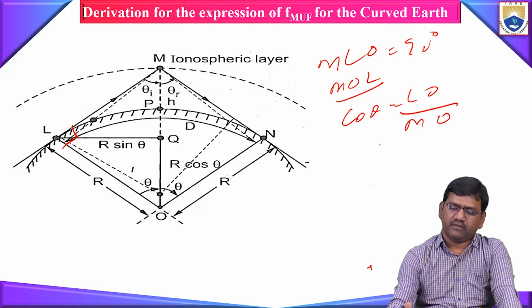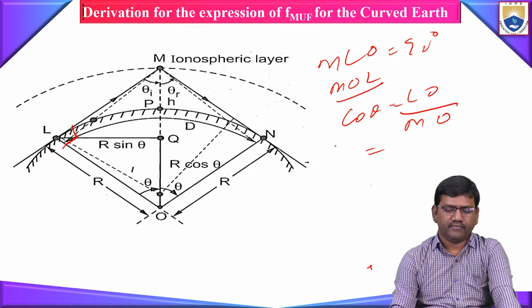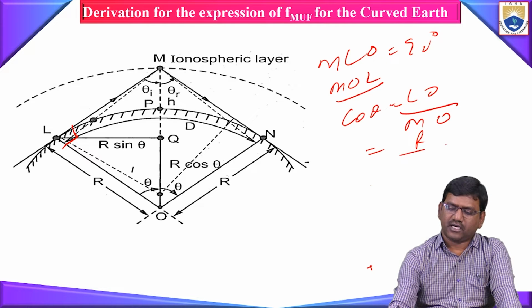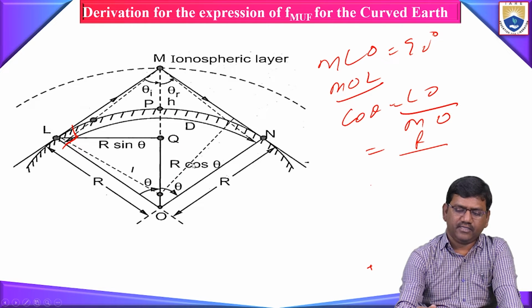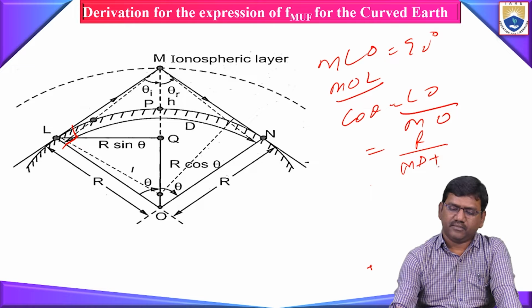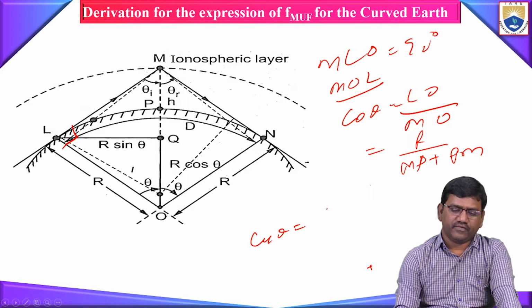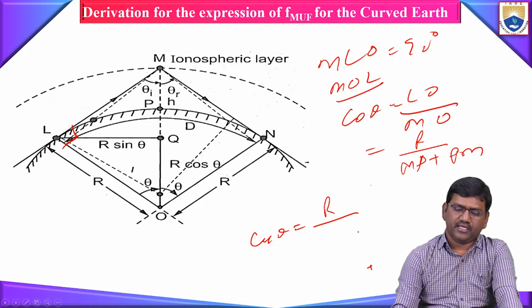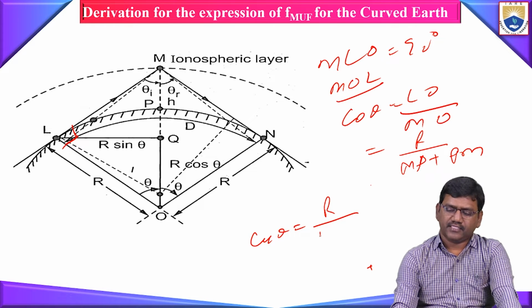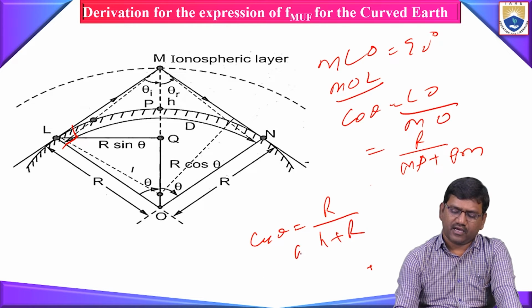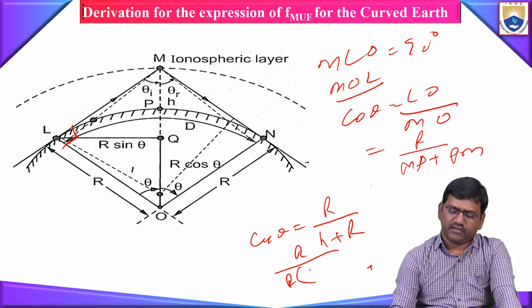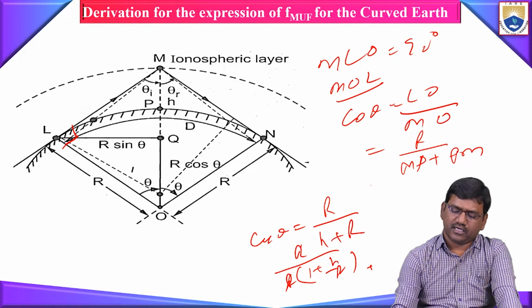What is LO here? LO is R. So R by MO, and MO can be written as MP plus PO. So cos theta is equal to R, the distance of LO taken as R here, and the distance of MP is taken as H plus R. Further simplifying, if you take R as common, 1 plus H by R, so R gets cancelled.